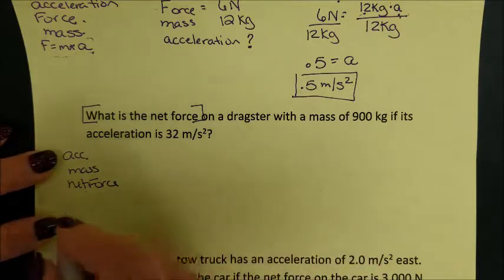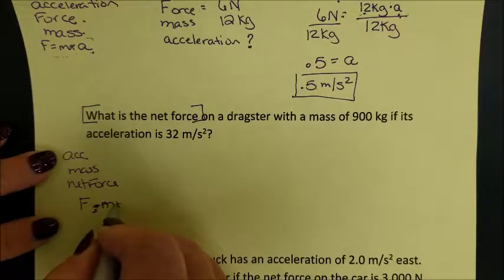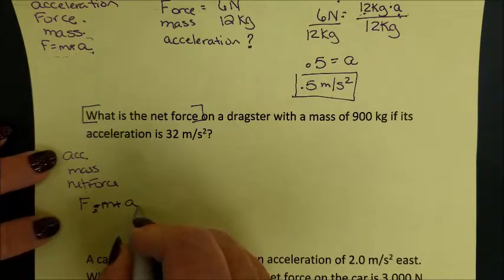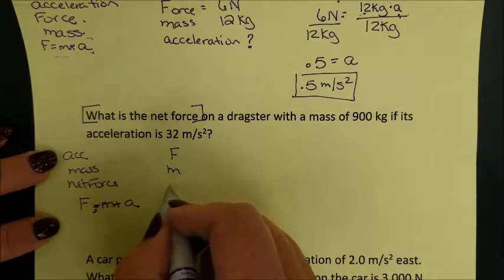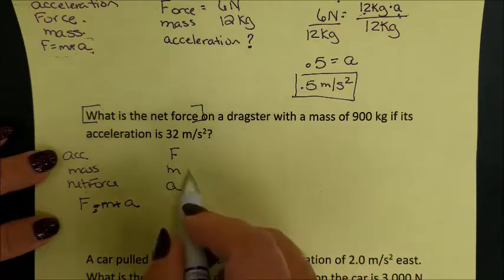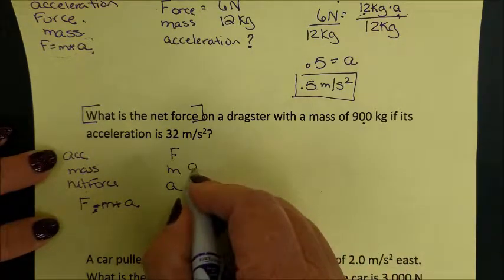This tells us that the formula we're going to need is force equals mass times acceleration. If we list our variables, we know that our mass is 900 kilograms.